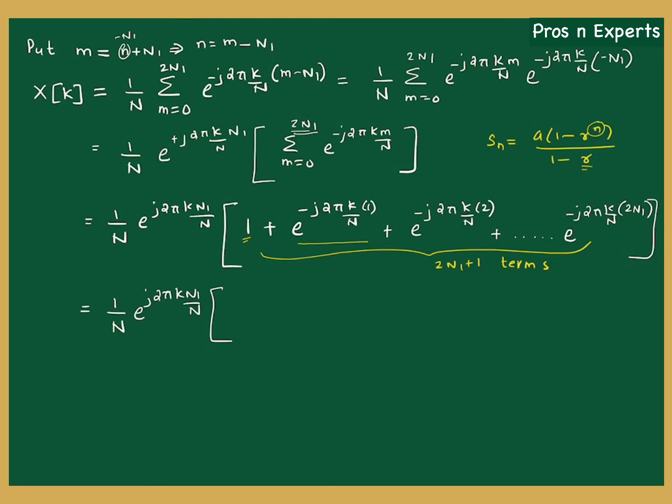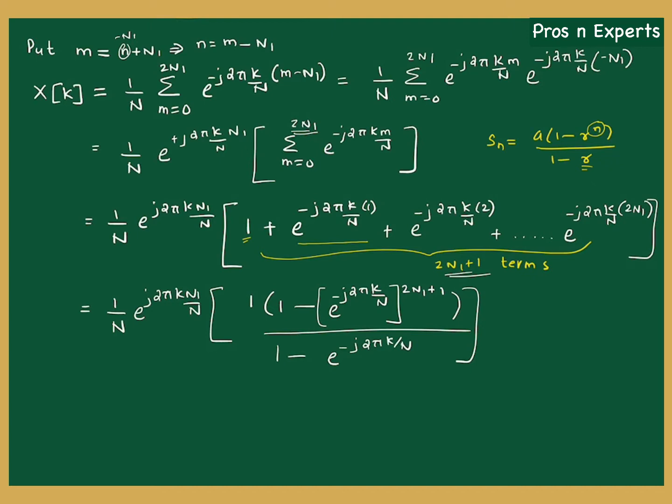Okay, so the first term is 1. We are summing this. First term is 1 into 1 minus common ratio e raised to minus j2 pi k by n to the power number of terms. Number of terms is 2n1 plus 1. So to the power 2n1 plus 1, whole divided by 1 minus r. r is still e raised to minus j2 pi k by n. Okay, so this is the final answer.